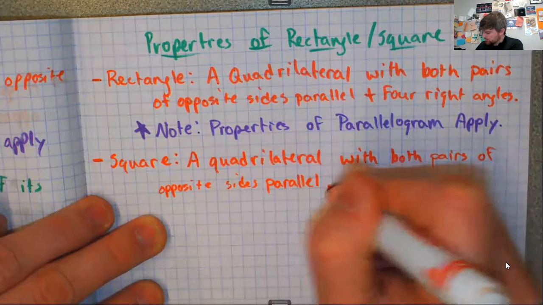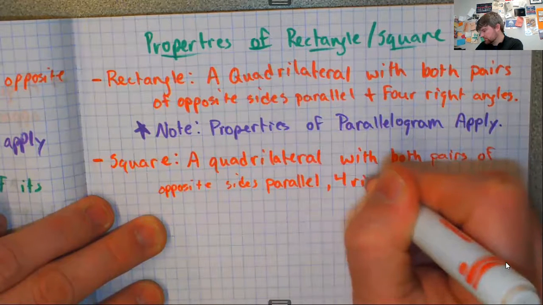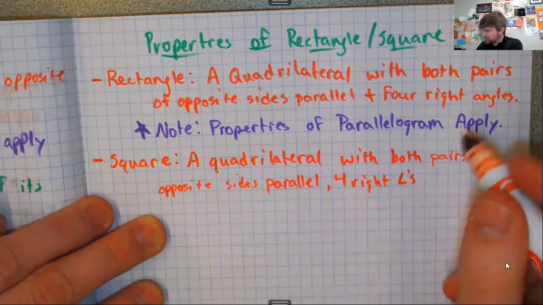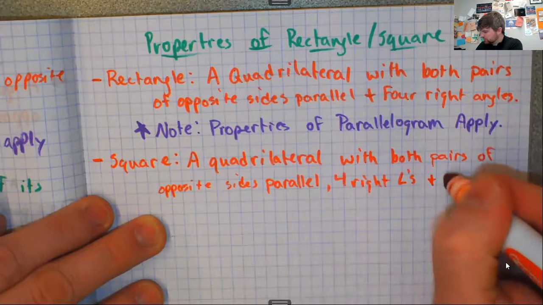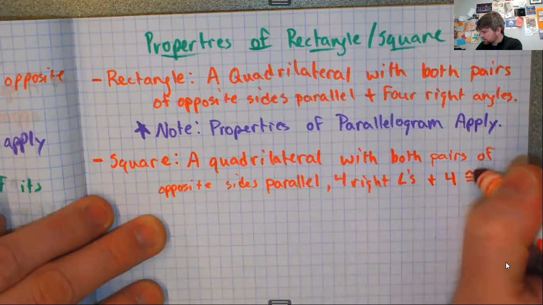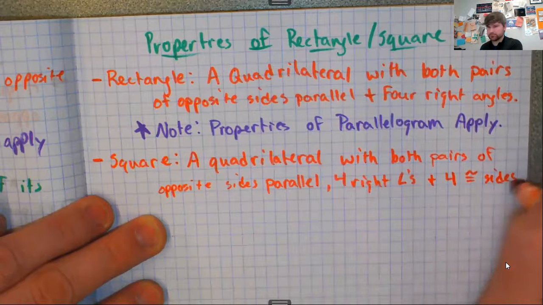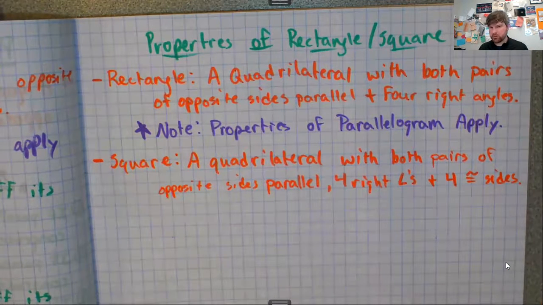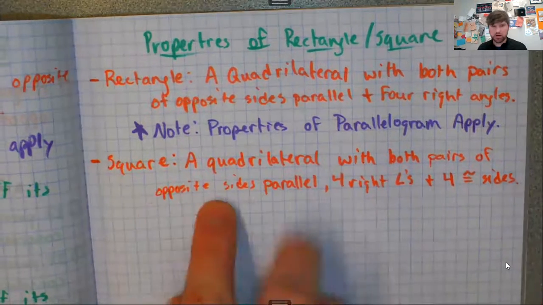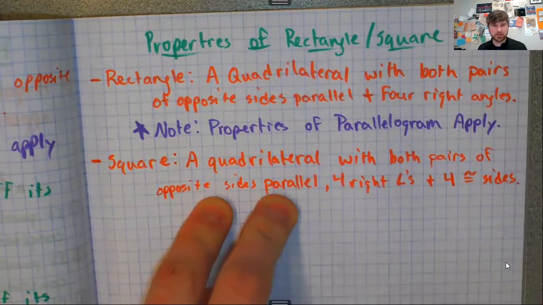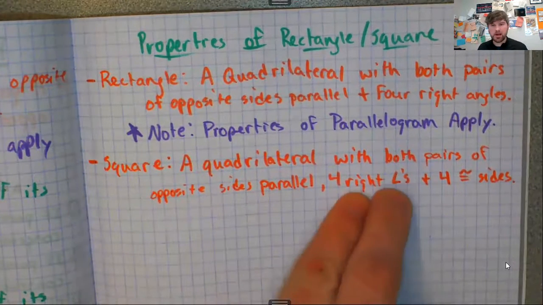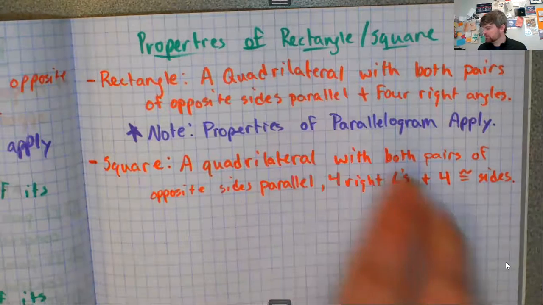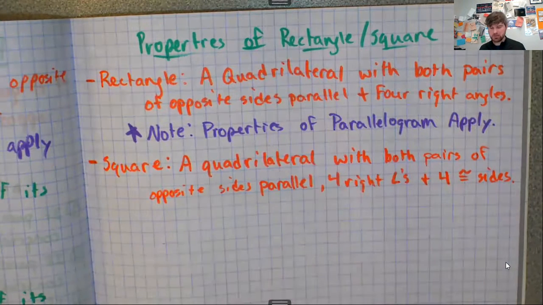It has 4 right angles and 4 congruent sides. Okay, so the opposite sides being parallel, that makes it a parallelogram. The 4 right angles makes it a rectangle, and the 4 congruent sides makes it a rhombus.